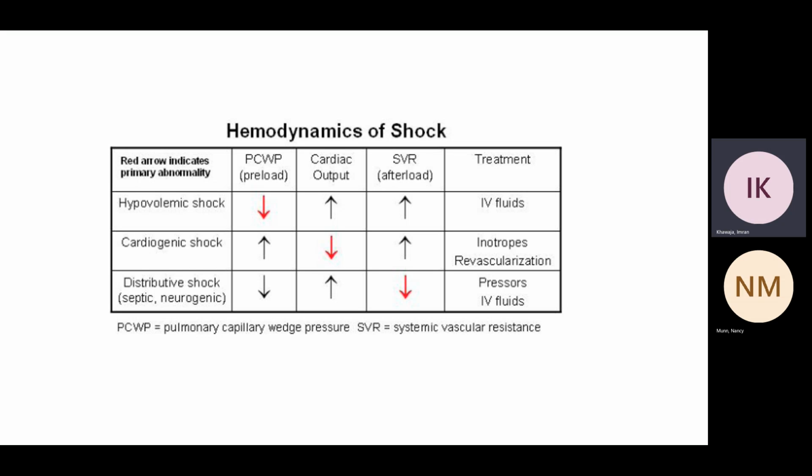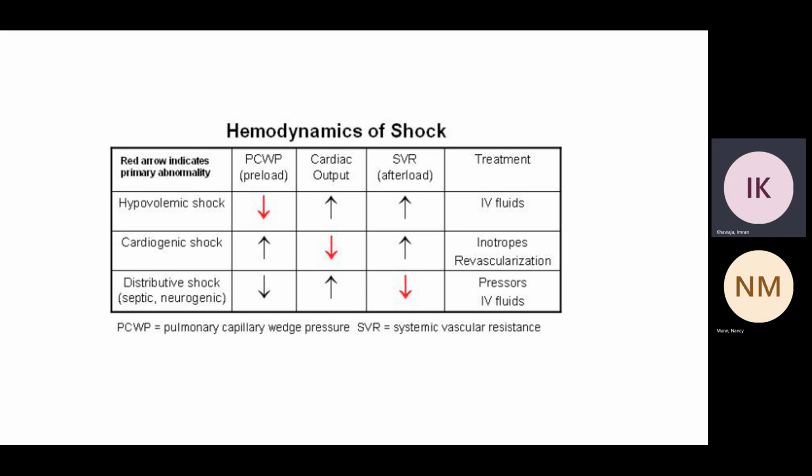Okay, that's your hemodynamic profile. In shock, the most common form is distributive. Low here, high in cardiogenic shock.